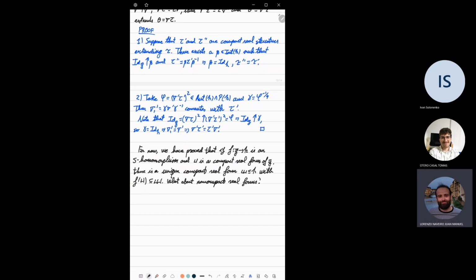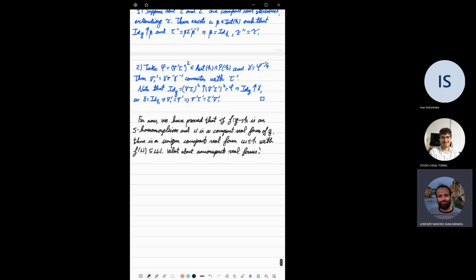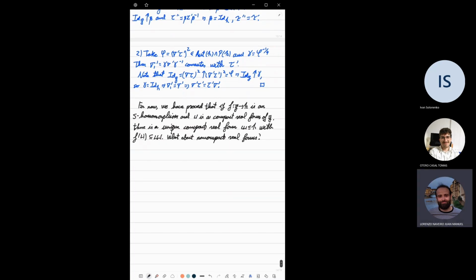So for this, we will be introducing the notion of real forms that are of the same kind. And this will be related to the Dynkin diagram automorphisms that are induced. So, brief reminder, suppose that G is a complex semisimple algebra.